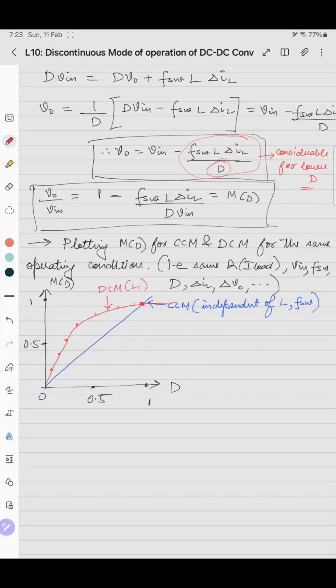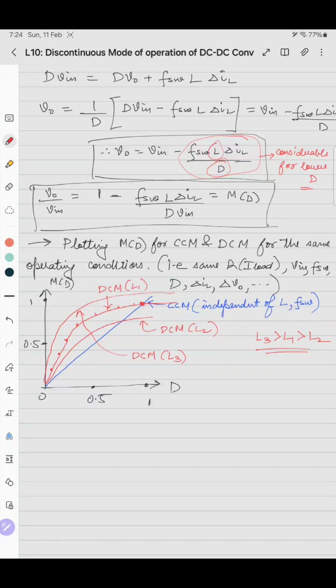As the inductance changes, the drop which is subtracted from Vin will be increased. If we increase L, the drop in Vin is increased, which means that the V naught by Vin gain is reduced. So this is DCM for another inductance L2, and this is DCM for another inductance L3. Out of these all, L3 is greater than L1 is greater than L2.